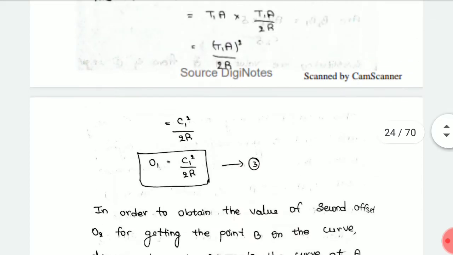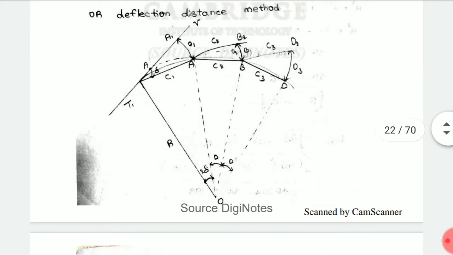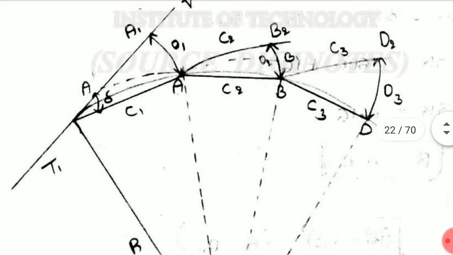Check it here: to get the total offset O2 I need to add BB1 plus B1B2.